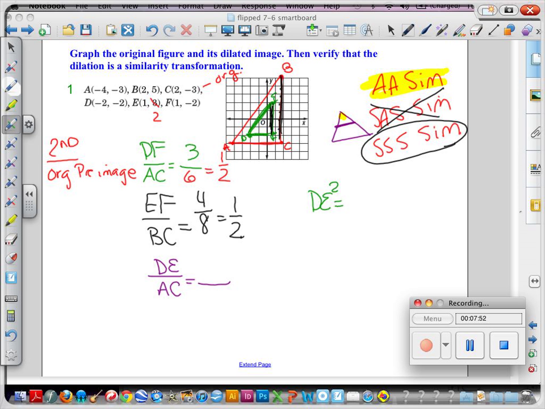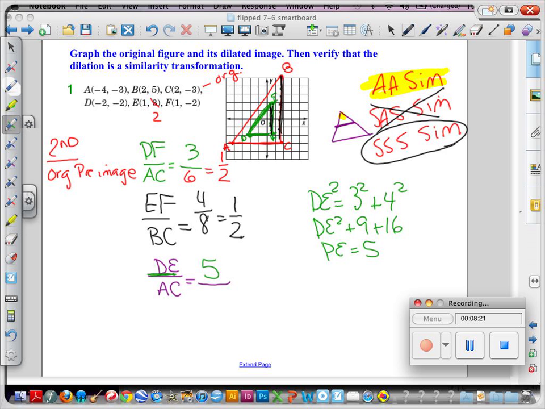DE squared equals, I'm counting that to be 3 squared plus 4 squared. So my DE squared is 9 plus 16, that's 25. Square root of 25, DE is 5. Okay, so I'm going to come over here in my ratio, my DE is 5.